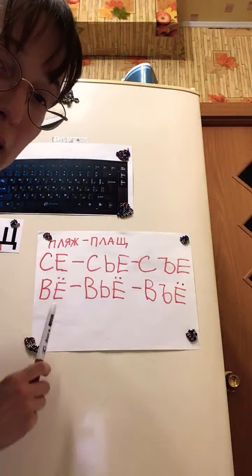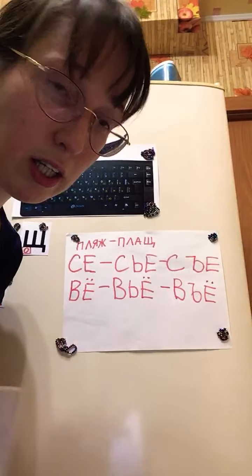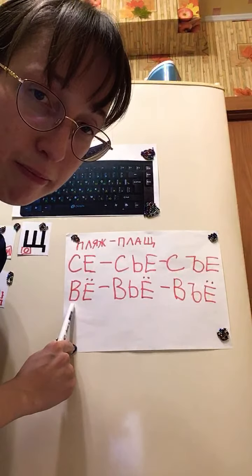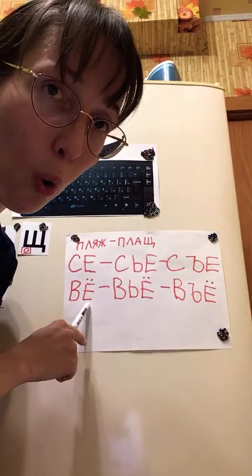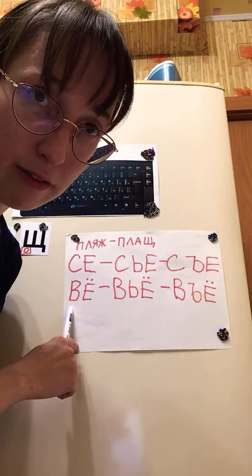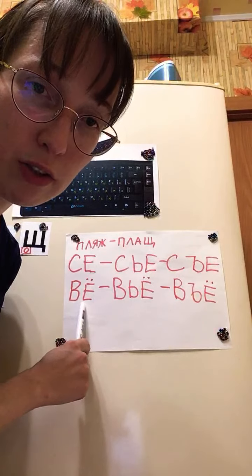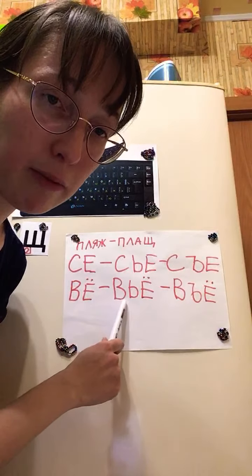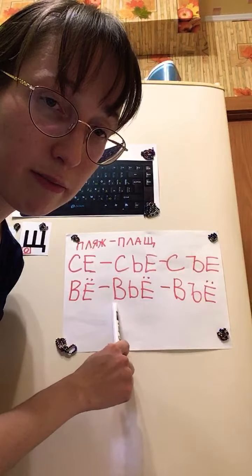So, let's read this syllable. It's without any sign. So, yo represents O, only O. V becomes soft. Vyo, vyo, two sounds. Here, мягкий знак separates these letters.